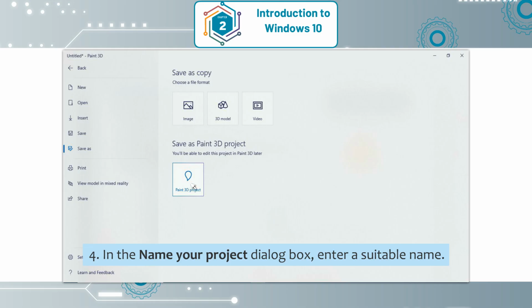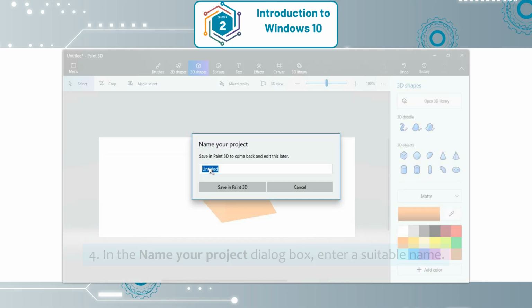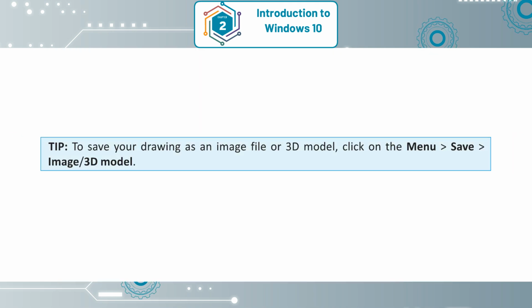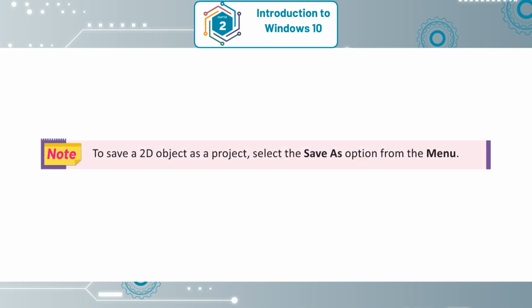In the Name Your Project dialog box, enter a suitable name. 5. Click on Save in Paint 3D option. Tip: to save your drawing as an image file or 3D model, click on the Menu, Save Image, 3D Model. Note: to save a 2D object as a project, select the Save As option from the menu.